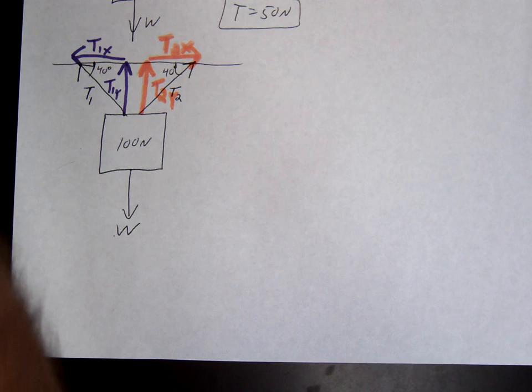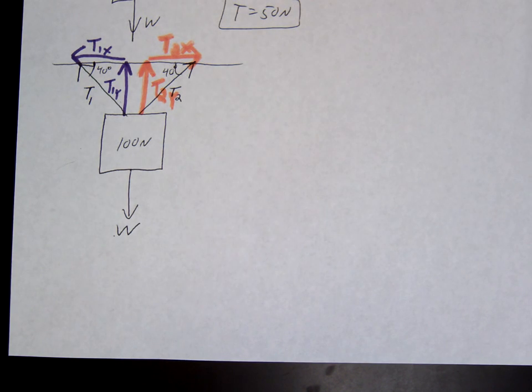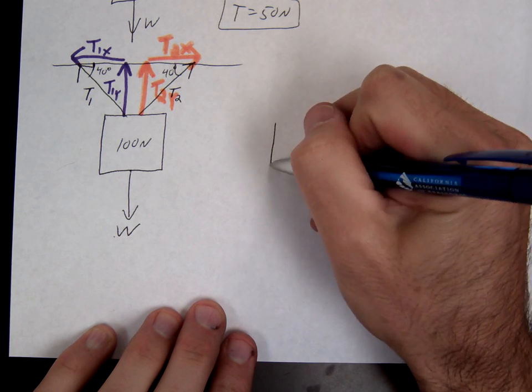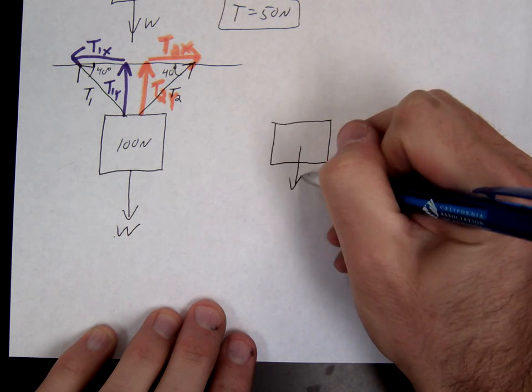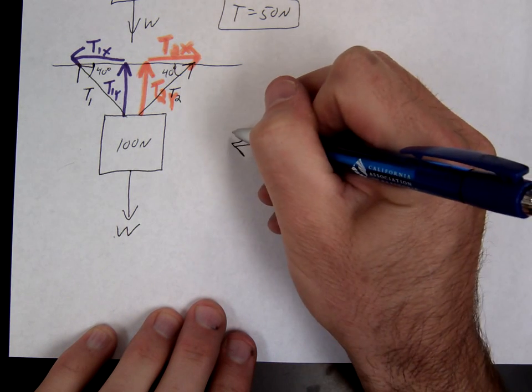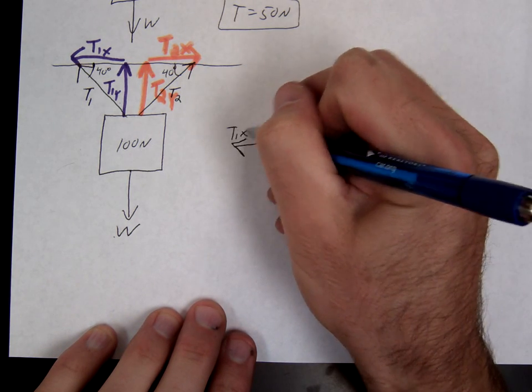So when you try to visualize this, watch as I'm pulling this, like my right arm right here, it's pulling up and it's pulling to the left. This one on this side is pulling up and it's also pulling the opposite way, to the right. So that's what's going on with the two strings. Okay, so if I draw just a pure XY free body, we have the weight, and then we have this one which we said was T1x.